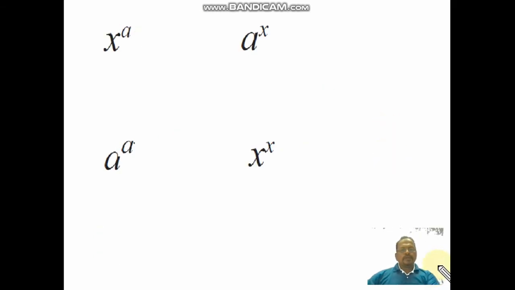Let us move to the next part. The use of logarithmic differentiation is for some different type of problems also. Can you tell me what is the difference between these four? x raised to a, a raised to x, a raised to a, and x raised to x.